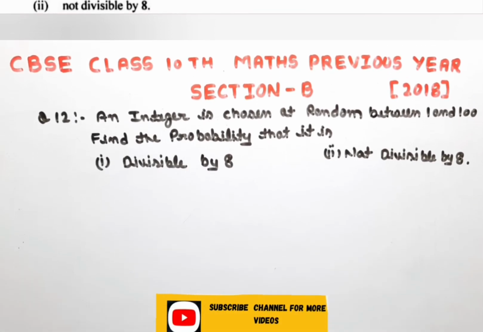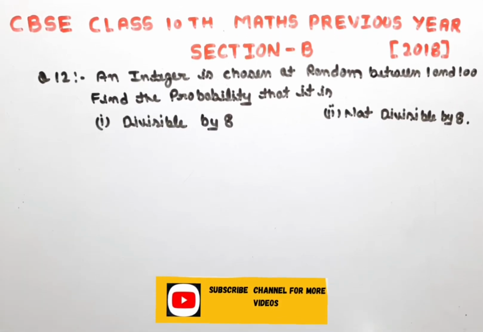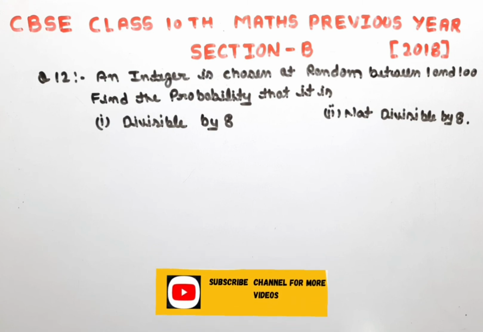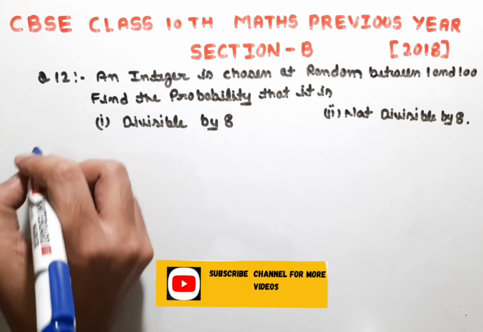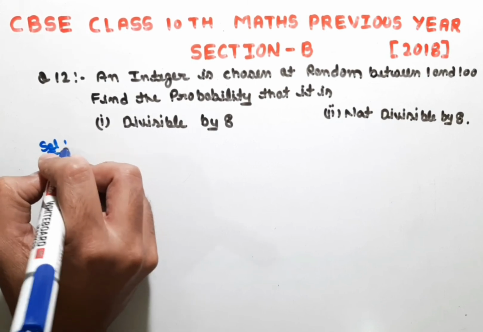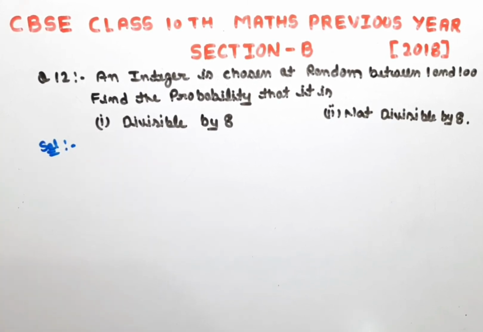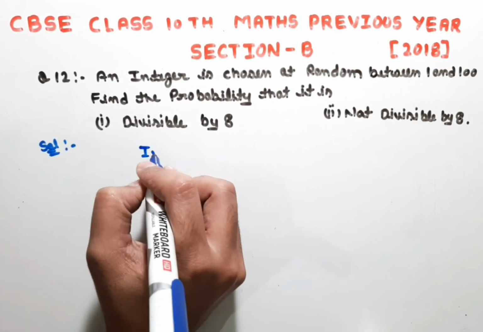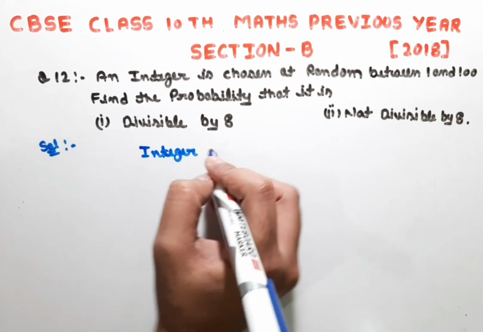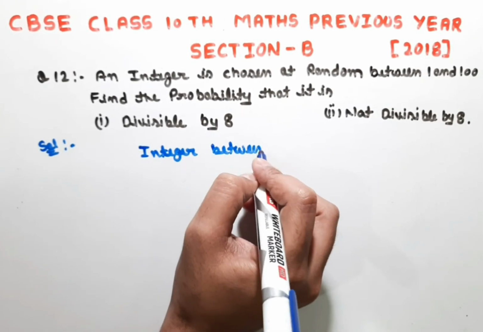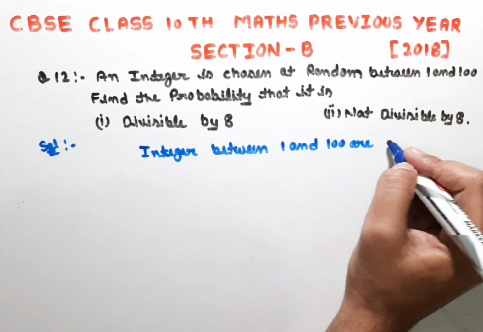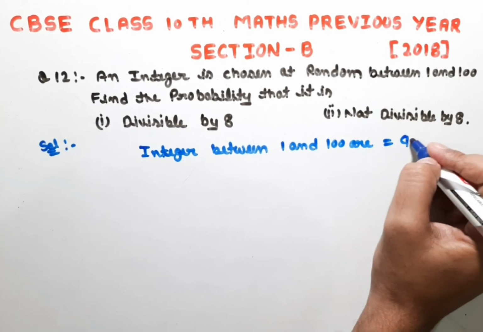Question number 12. An integer is chosen at random between 1 and 100. Find the probability that it is firstly divisible by 8 and second not divisible by 8. So this is a problem of probability. So integers between 1 and 100 are 98.